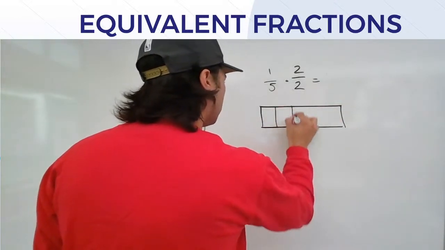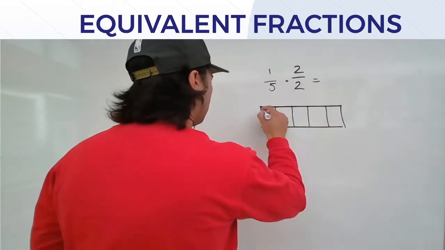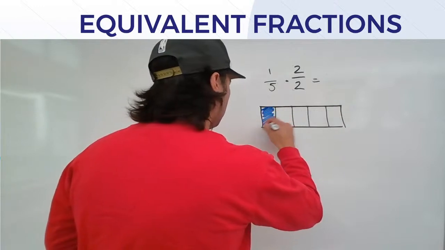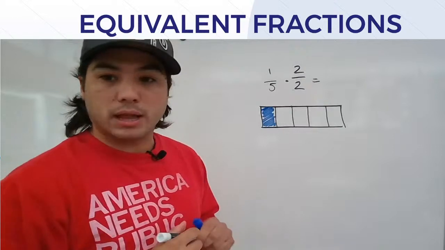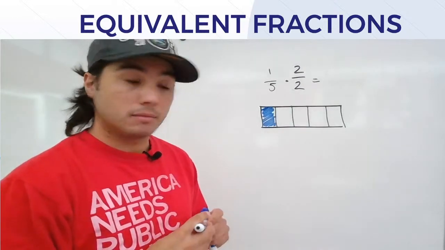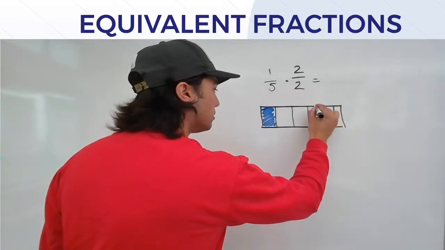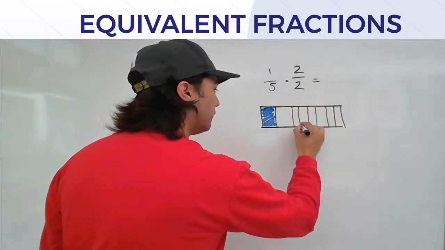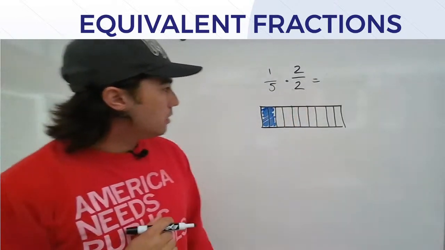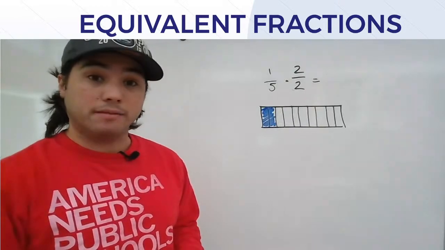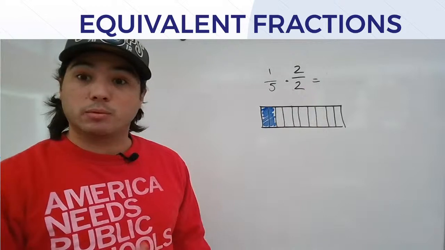1/5. Okay? And when we say we're multiplying by 2/2, what we're doing is we're taking each of these fifths, cutting each of those fifths into halves, and we're still dealing with the whole value because, again, we're not changing the value.